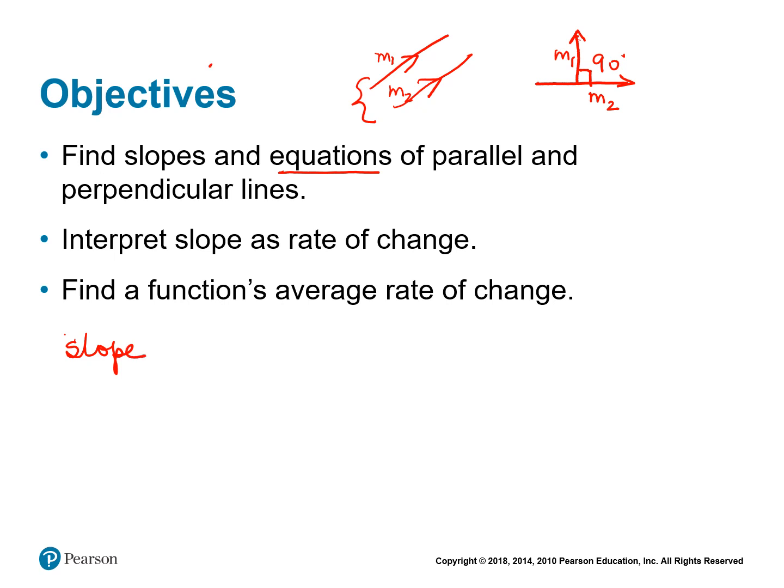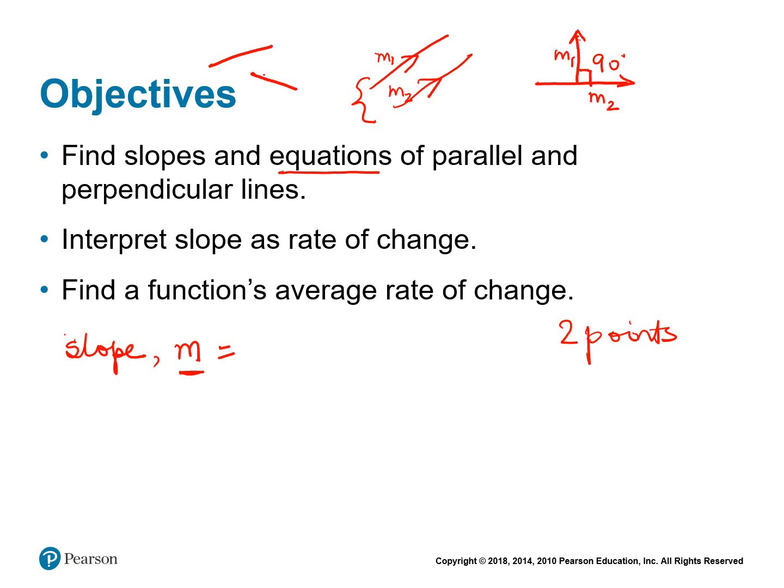Basically, it tells us how much a line rises up or falls down, as the case may be. Slope of a line is denoted by the letter m, and we can find a numerical value for the slope of a line if we are given any two points on the line.